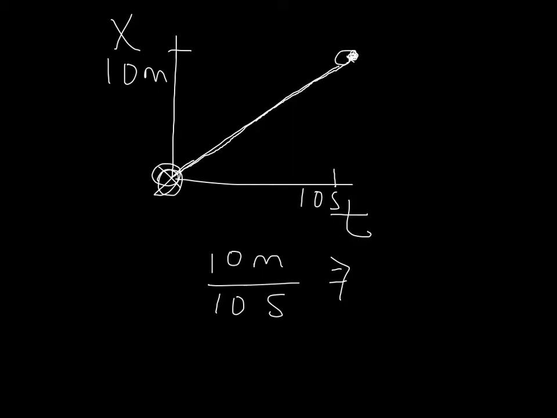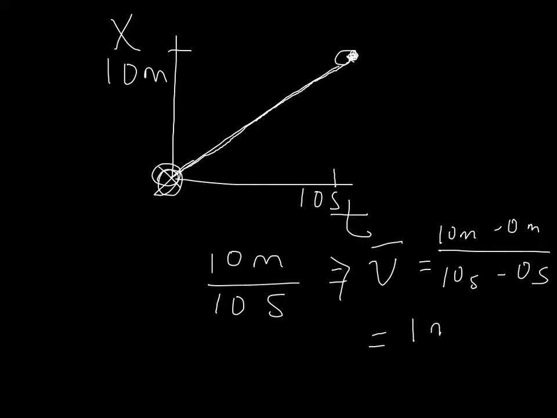So their velocity, their average velocity, would be 10 meters minus 0 meters over 10 seconds minus 0 seconds. And that would be 1 meter per second. And if you kind of remember from algebra, that 1 meter per second is actually the slope of this line.